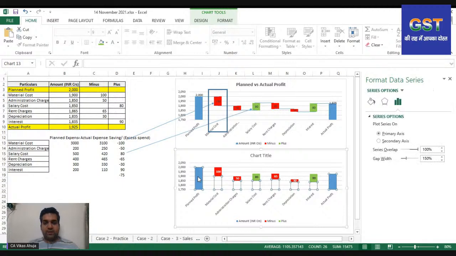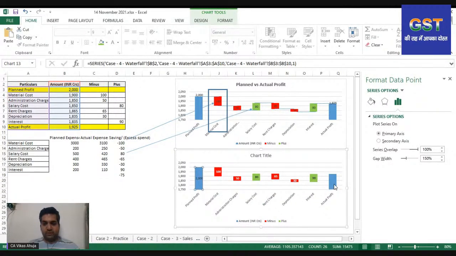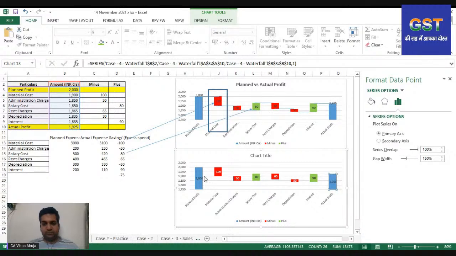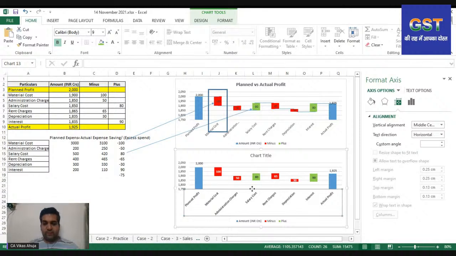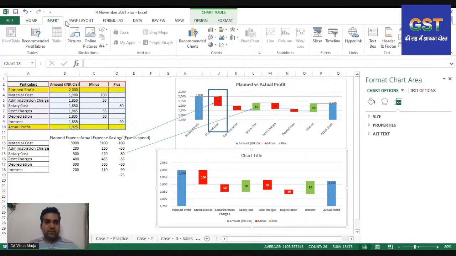And this is my original plan versus actual profit. On this, I can do anything I want to. This is again the lines that we added.